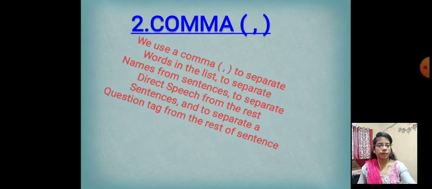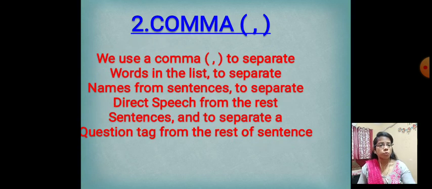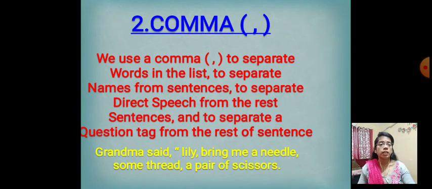Next one, comma. We use a comma to separate words in a list, to separate names from sentences, to separate direct speech from the rest of the sentence, and to separate a question tag from the rest of the sentence. For example, grandma said, "Lily, bring me a needle, some thread, a pair of scissors."